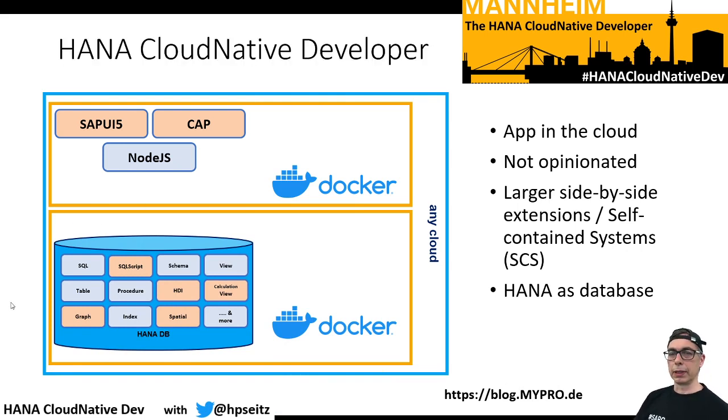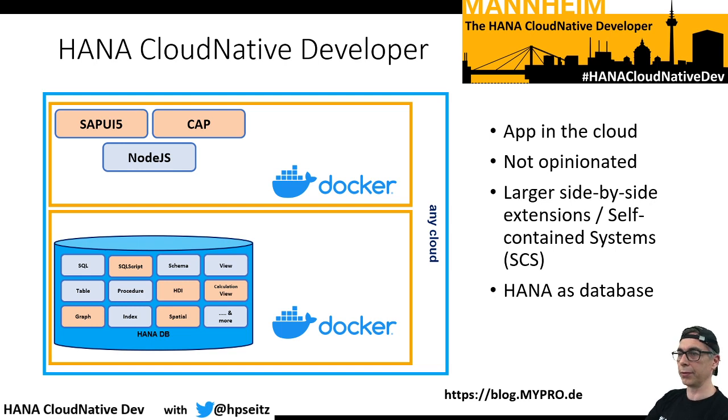Most important here is the HANA database in a Docker container. That's what I want to focus on in this video. The setup is you have another container where you run the application. Here, somehow a standard SAP stack running CAP on Node.js for the service implementation and using SAP UI5 for the front end.